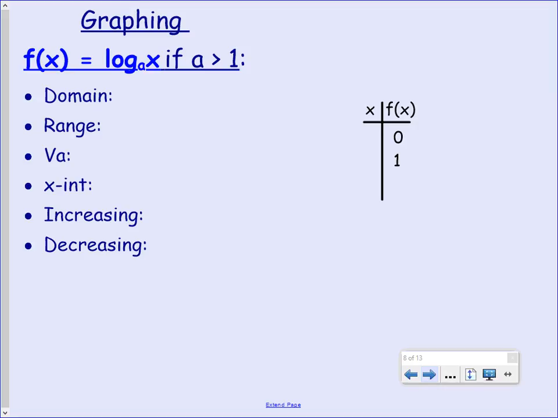So when we switch x and y, we also switch things like domain and range. So yesterday, our domain for exponential functions was always what values? All real numbers. That's now going to be our range. We're switching x and y.